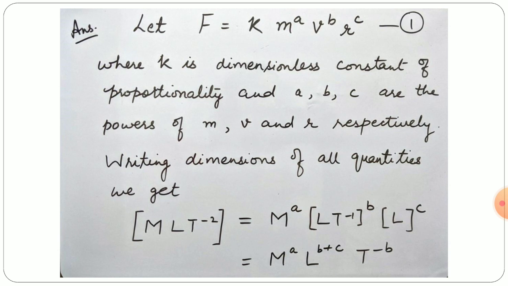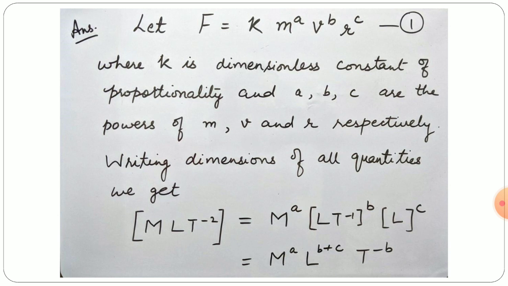We write the dimensions of force, MLT minus 2, on the left hand side, and on the right hand side we will write the dimensions of M, L, T. M to the power A for mass. Velocity is LT minus 1, so [LT^-1] raised to the power B. Then radius. Radius is length, so L to the power C.